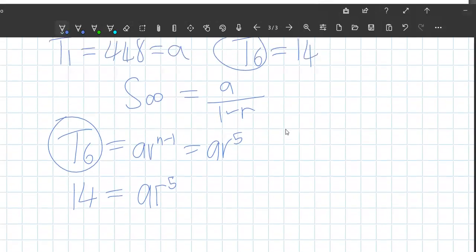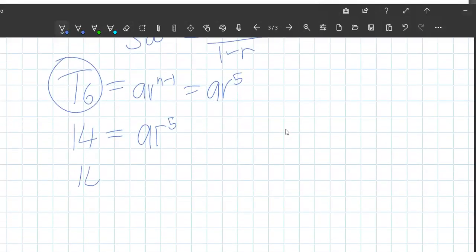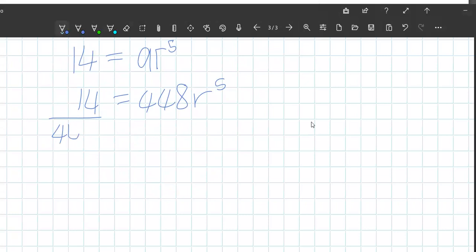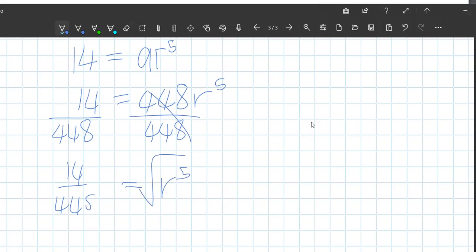But we were given that A is 448, so 14 is equal to 448 R^5. So now we divide 14 by 448, and we can take the 5th root of both sides in order to cancel out that 5.